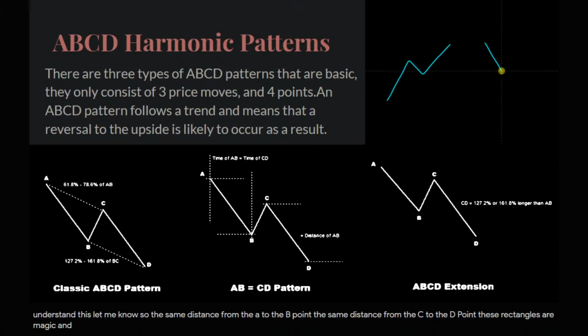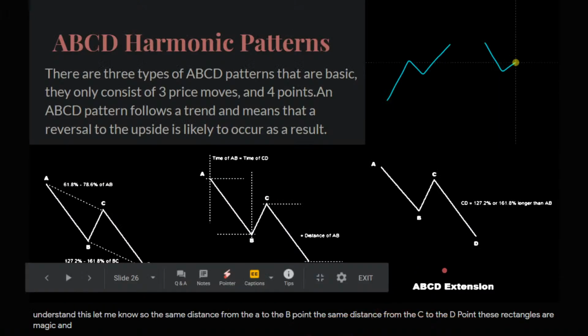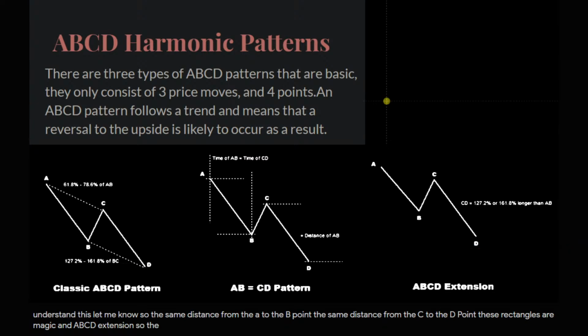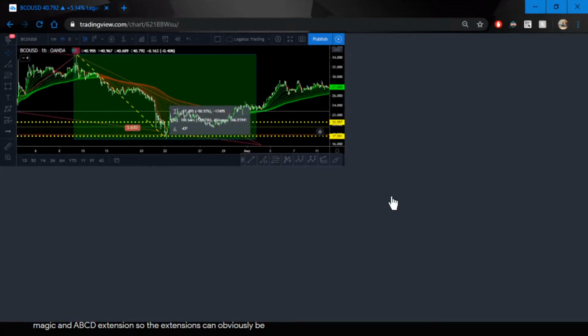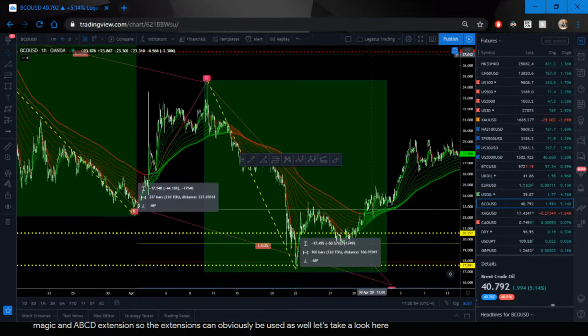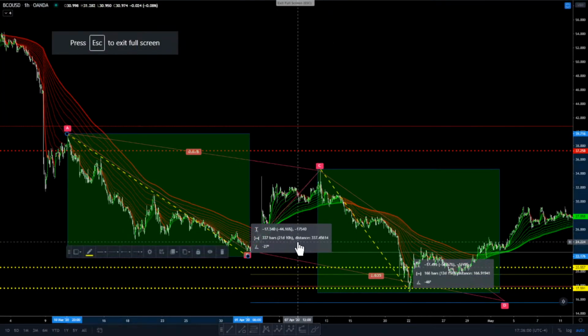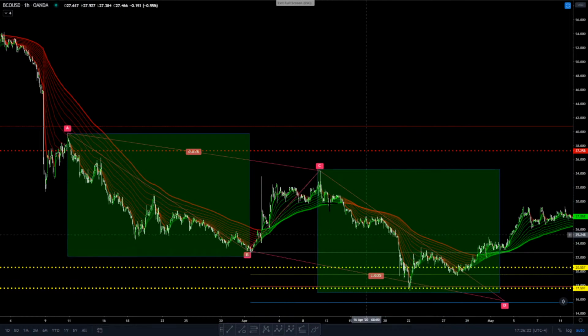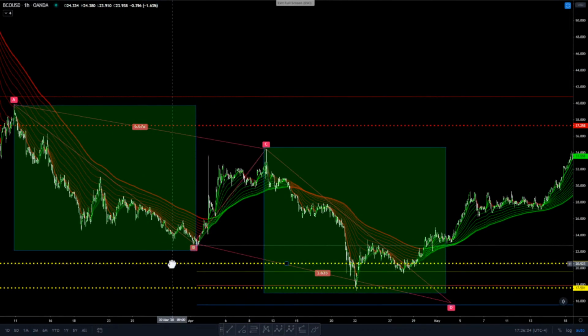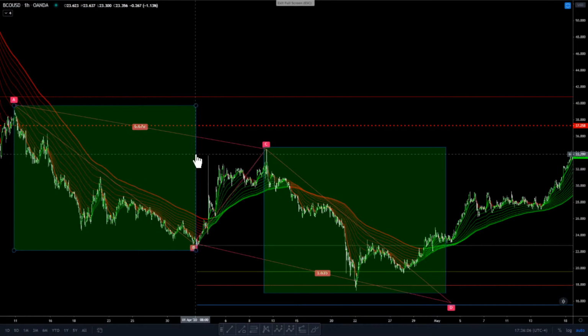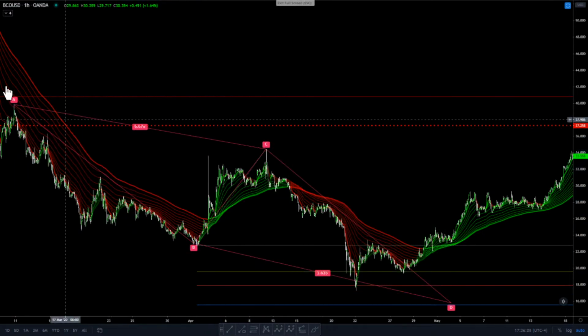And ABCD extension. So the extensions can obviously be used as well. Let's take a look here. I'm not going to expect this one to respond too well to extensions, but I'm going to show you how you would draw it because it would make sense here.